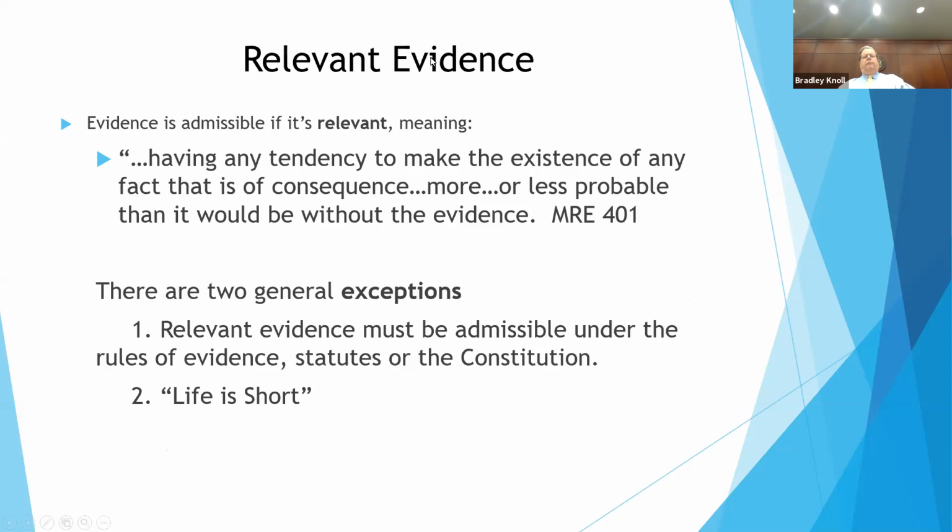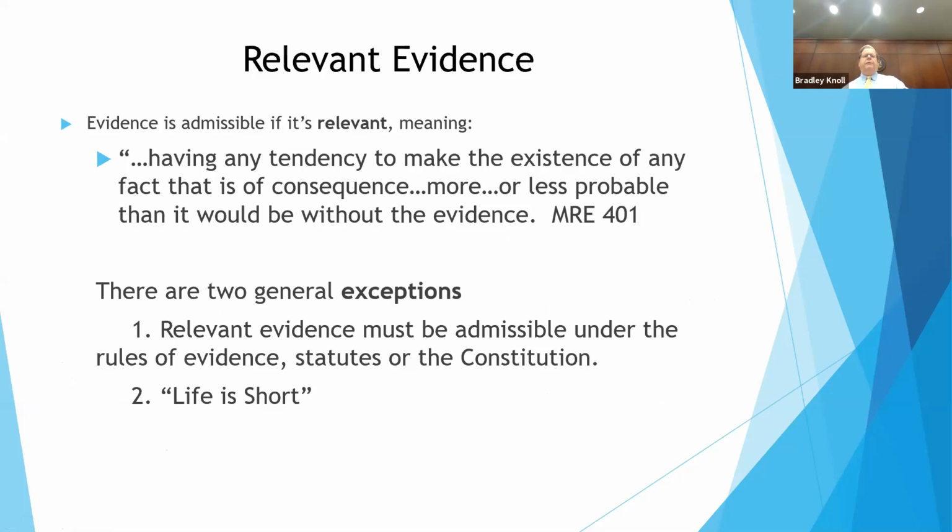So when we're talking about evidence that's admitted in court, we're talking about relevancy. And evidence is admissible if it's relevant, and it's defined in the rules of evidence as any proof having a tendency to make the existence of any fact that is of consequence in the case more or less probable than it would be without the evidence.